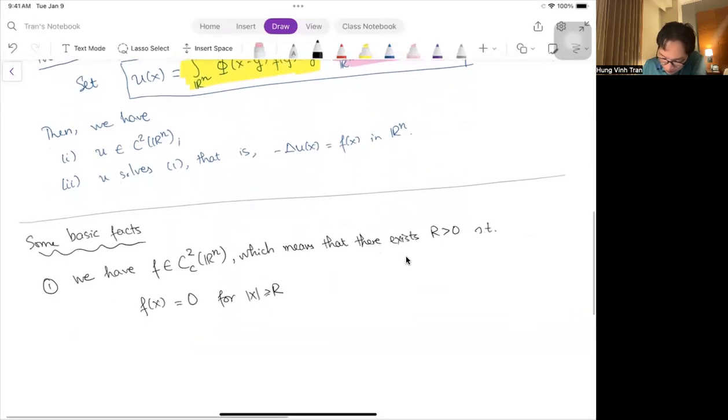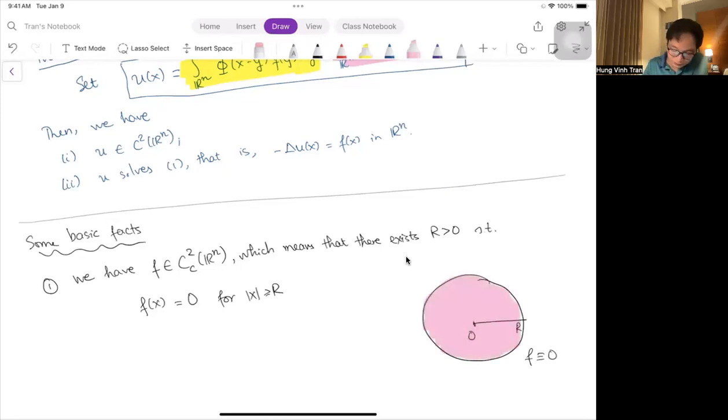Okay, so maybe let me draw here. This is 0, the radius r. We have f is totally 0 outside here. So what matters is only the value of f in here. I mean, outside the ball, there's nothing. So f matters only inside the ball.